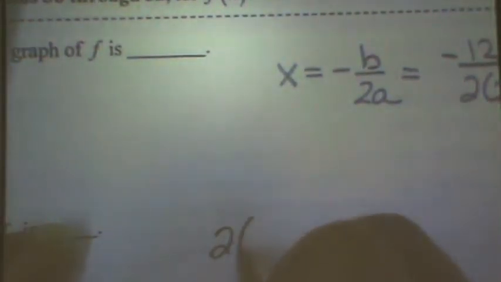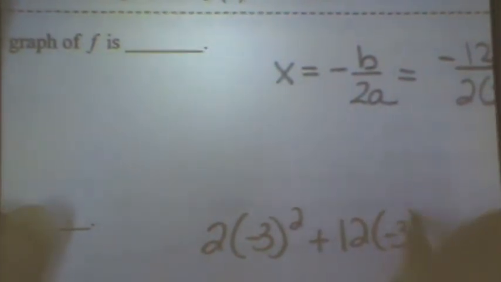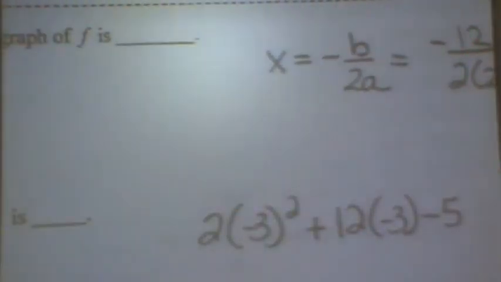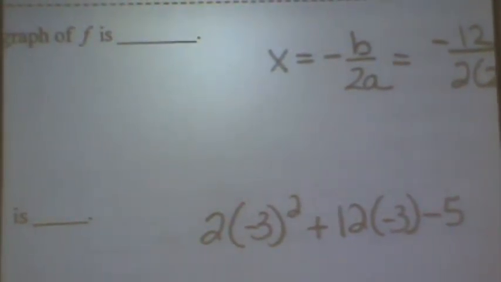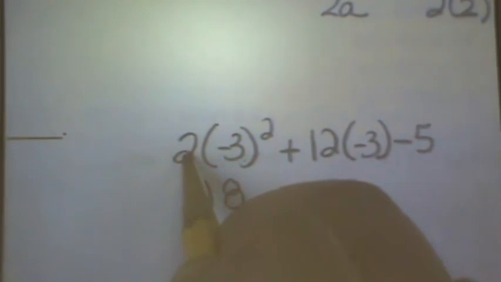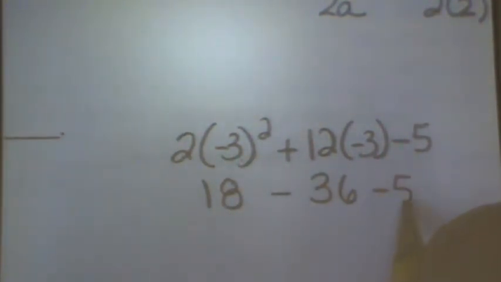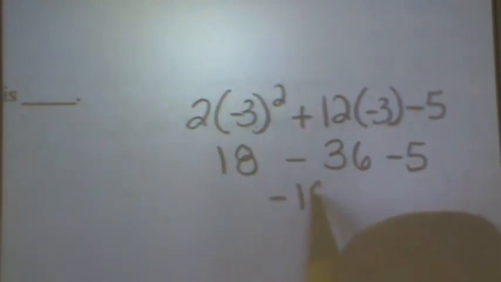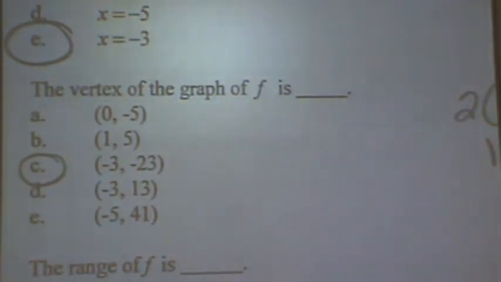So what is 2 times negative 3 squared plus 12 times negative 3 minus 5? Do your math, and you should get negative 23. This is 18, 9 times 2 is 18, minus 36 minus 5. This is negative 18 minus 5, which is negative 23. So your vertex is negative 3, negative 23.